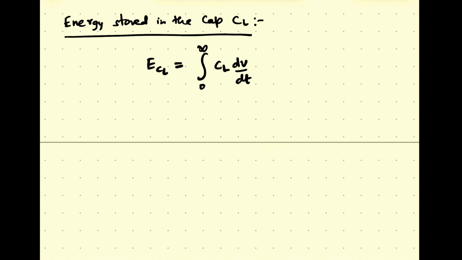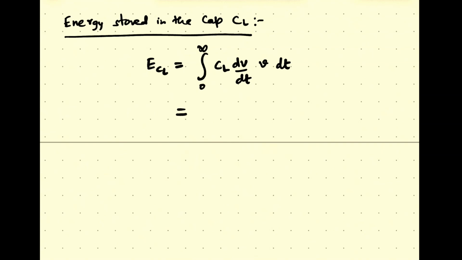But notice the difference. Unlike the power supply, which is fixed, the voltage across the capacitor is changing. So the voltage here is actually changing, and we give it a variable V. And then we essentially want to sum it up over the interval of time 0 to infinity.